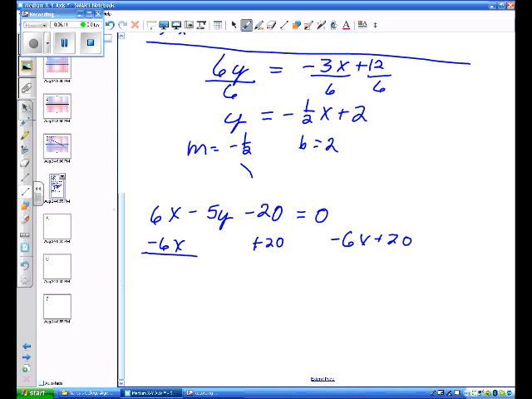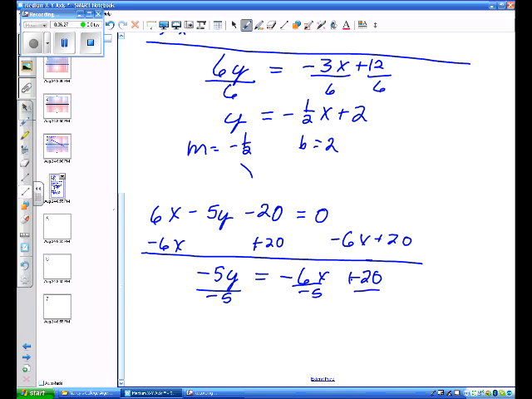And so we would end up with negative 5y is equal to negative 6x plus 20. Then we're going to divide both sides by negative 5. And we get y equals, a negative divided by a negative is a positive, 6/5 x, and a positive divided by a negative is a negative 4.